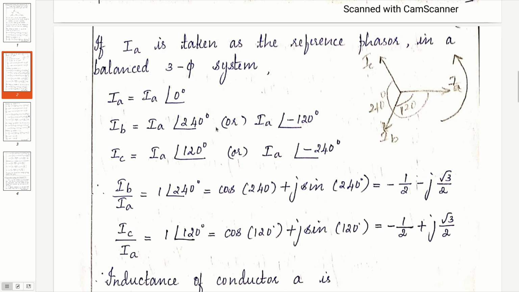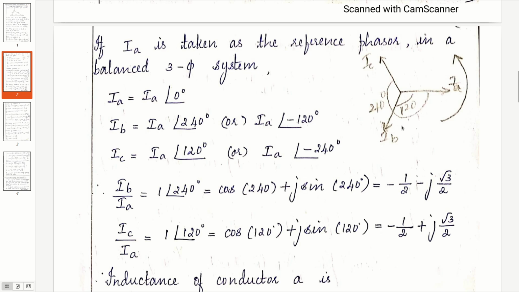From this phasor diagram we write IA is IA angle 0 degree, because IA is taken as the reference. Then IB: along the anti-clockwise direction, IB is behind IA by 120 degrees, so we write IA angle minus 120.